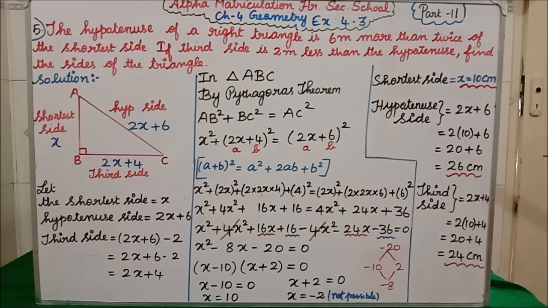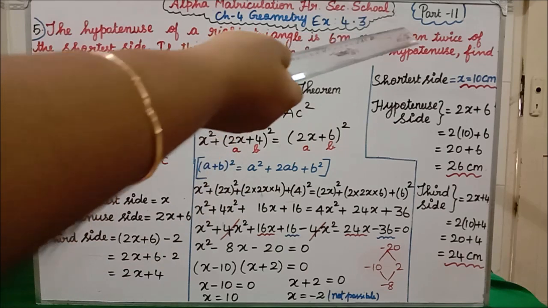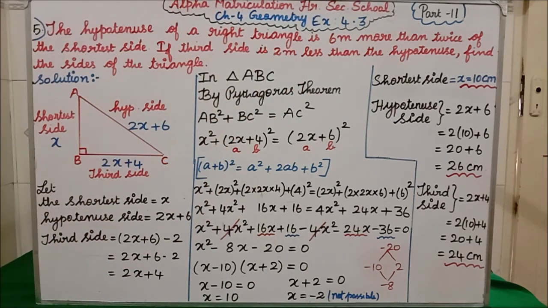The hypotenuse of a right triangle is 6 more than twice the shortest side. What they are saying is: hypotenuse is 6 plus twice the shortest side, that is 6 plus 2 into the shortest side. Clear, all of you? First, we don't know the shortest side itself, so we have to draw the right angle triangle.